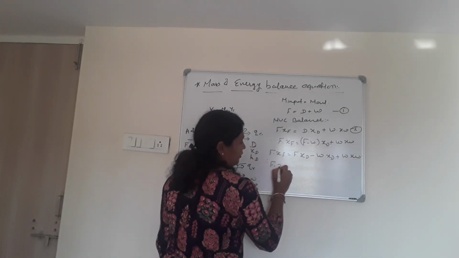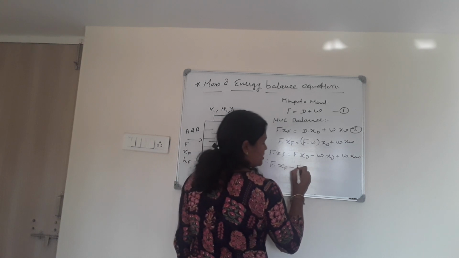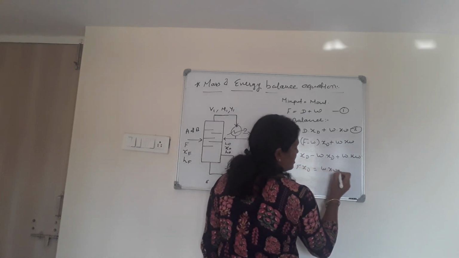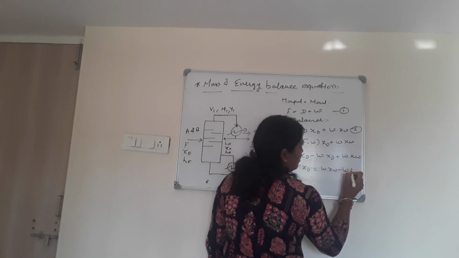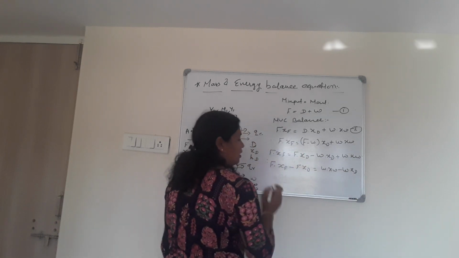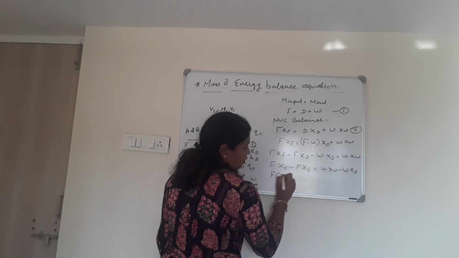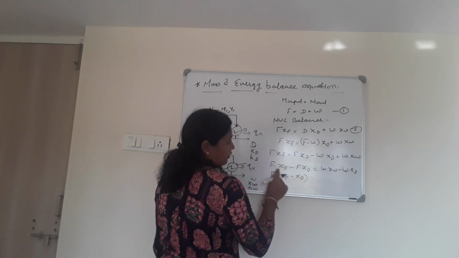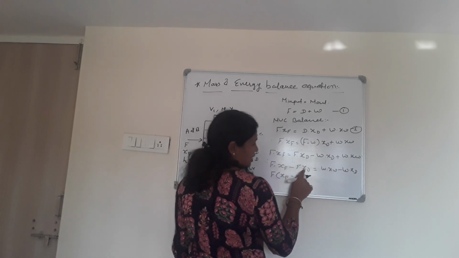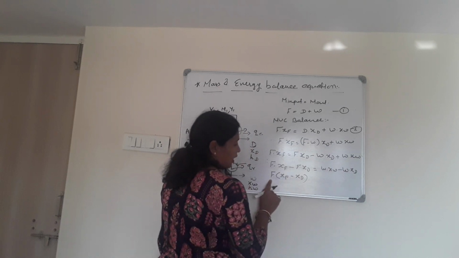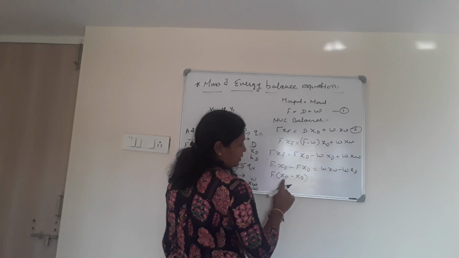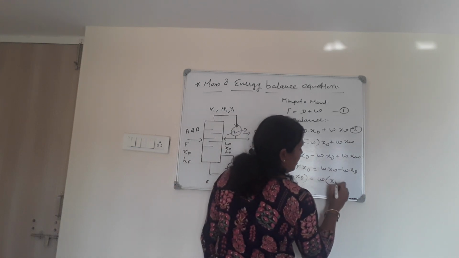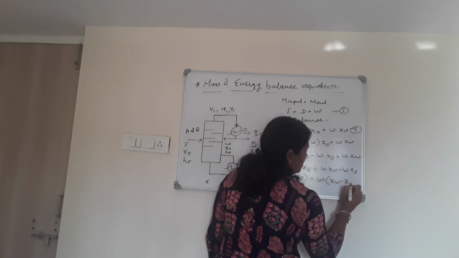Therefore, F into XF minus F into XD is equal to W into XW minus W into XD. Now here we can take F common, so F into XF minus XD is equal to W into XW minus XD.